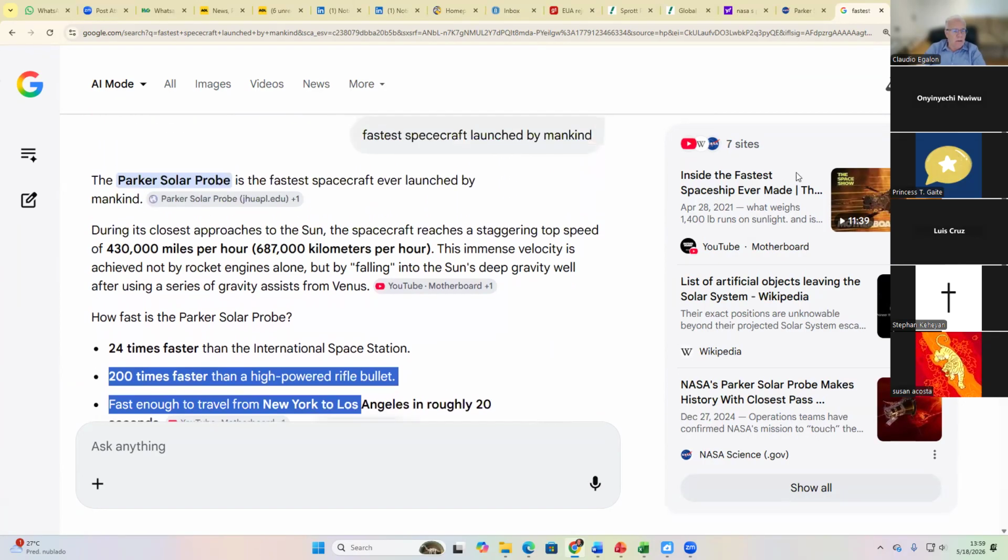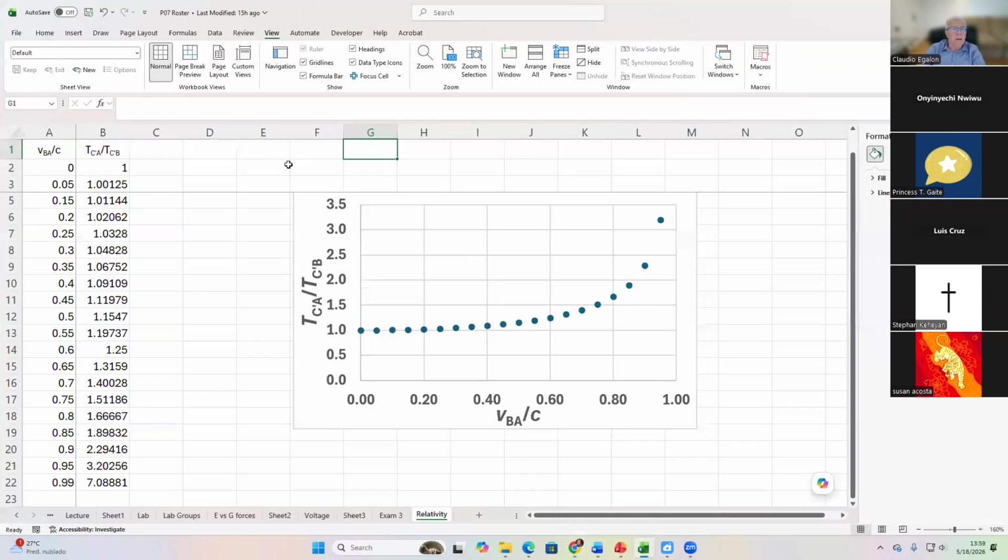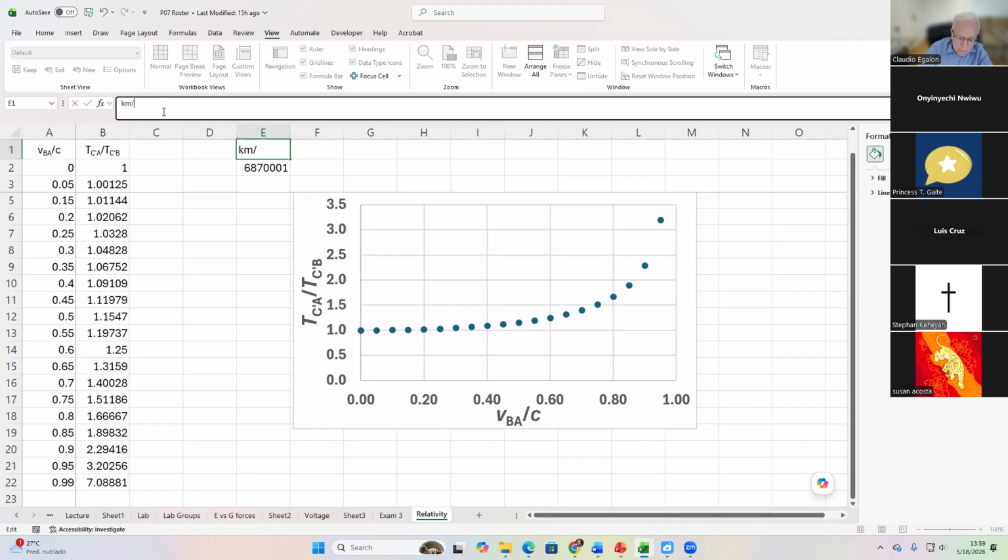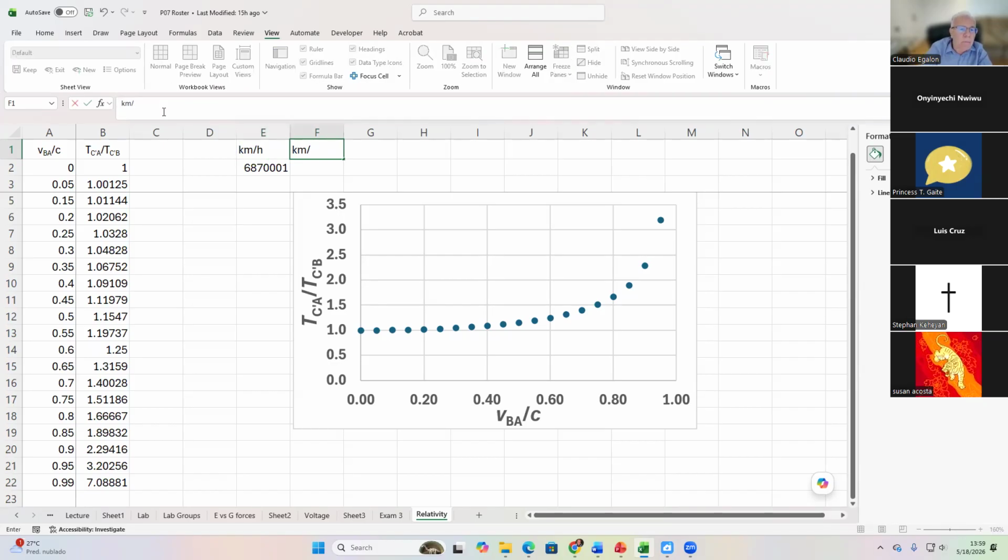I want to change that to kilometers per second. 687,000 kilometers per hour is what? I want kilometers per second.